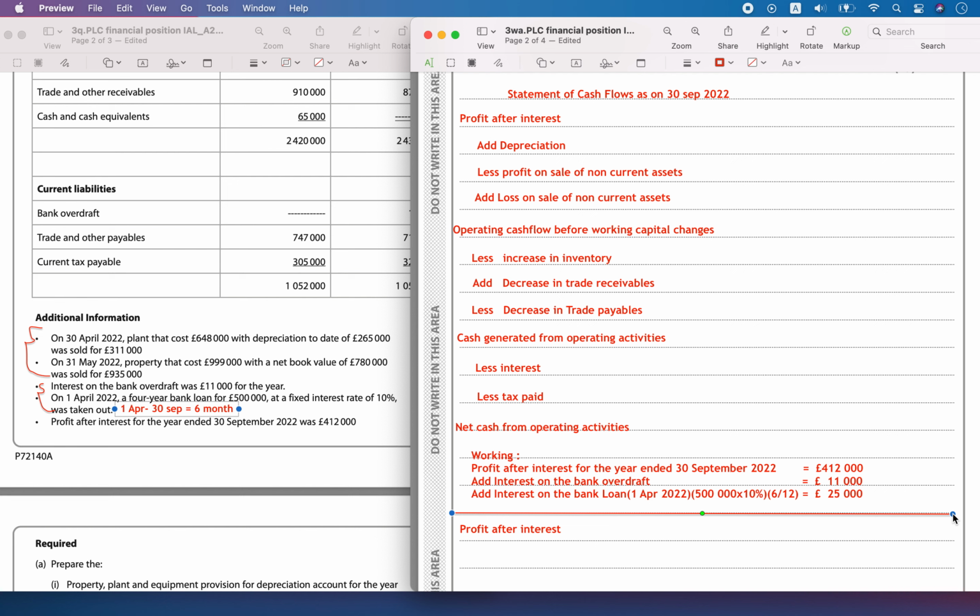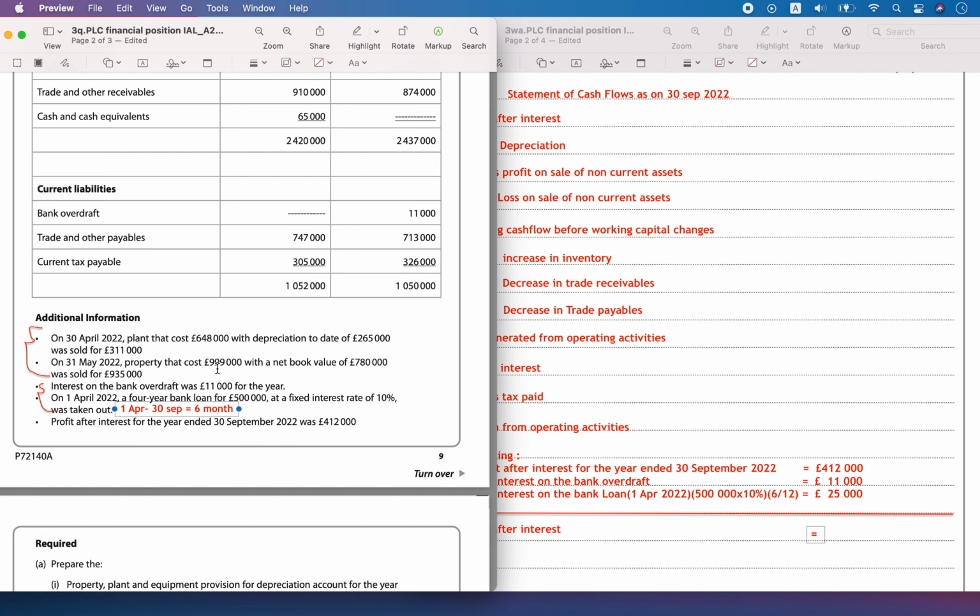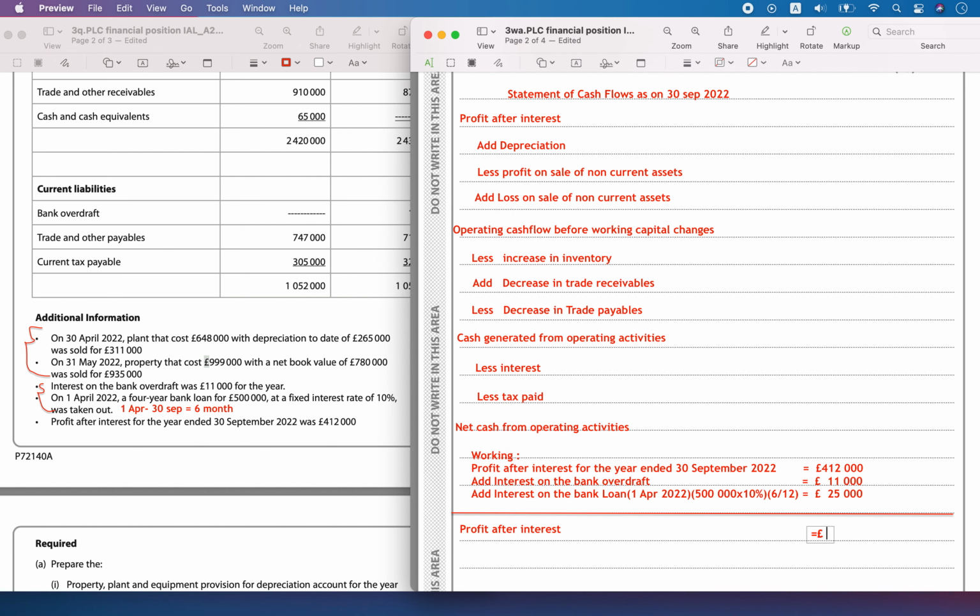So it will be equal to 448,000. This is the value for the profit after interest from which you will start. So that is 448,000.